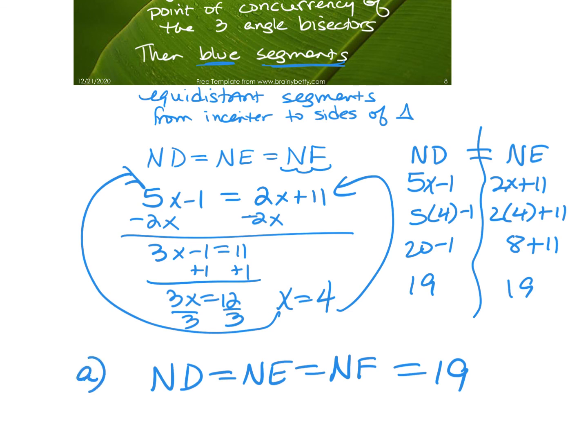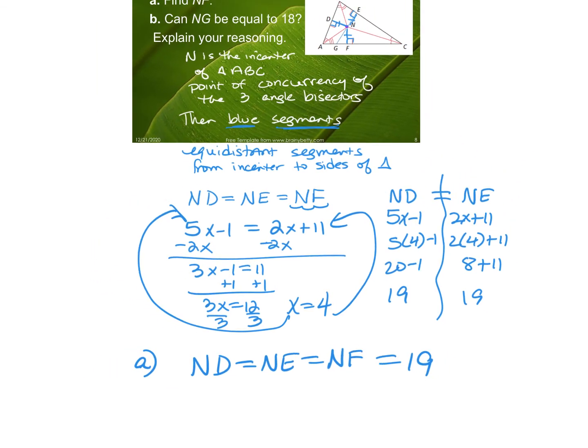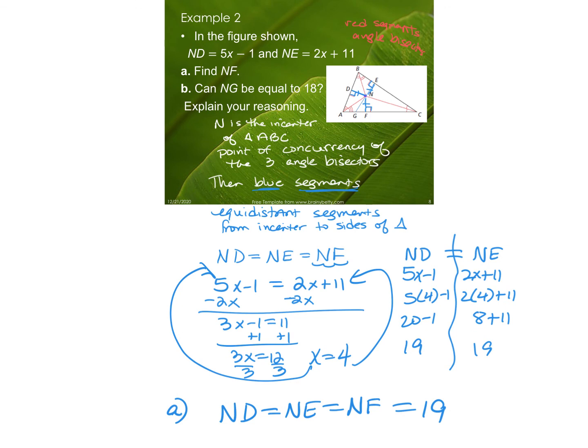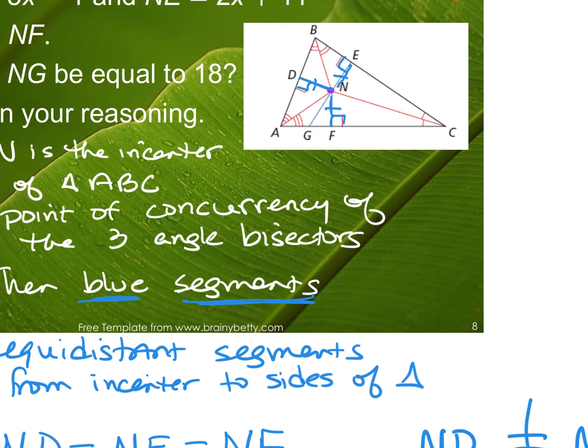Now for part B, it asked about NG, that other blue segment. Let me change the color on it to pink. Okay, so NG is right here.